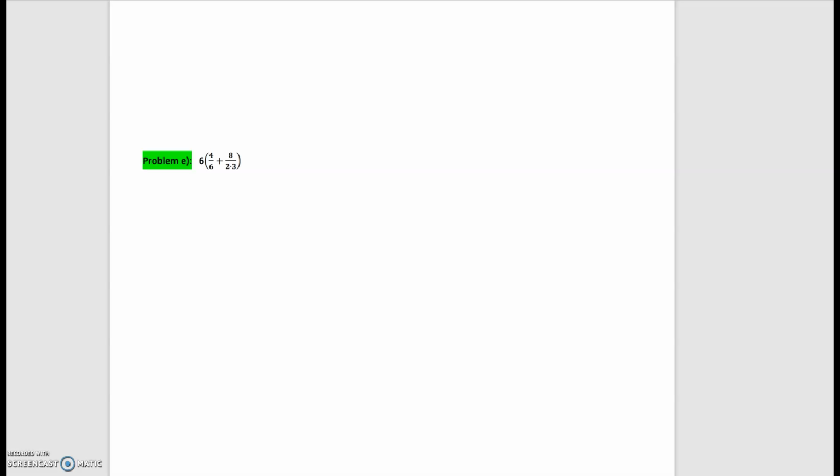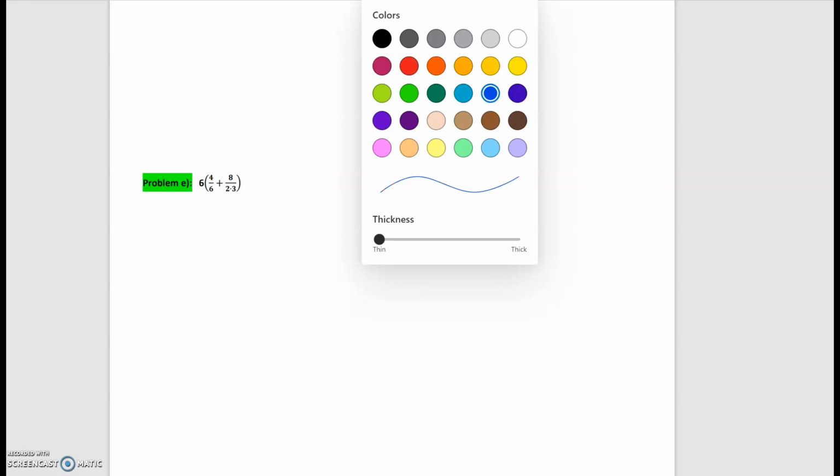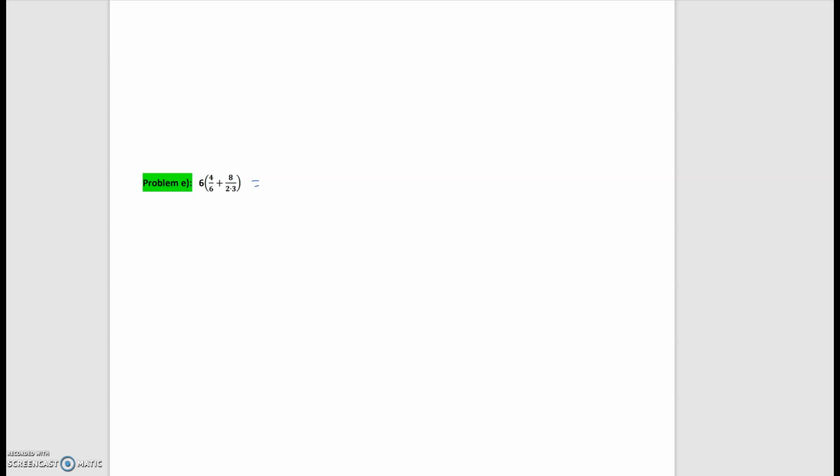Now, on the next one, here's what we could do. Let me use the distributive property, but before we use that, let me just rewrite it as 6 times, and I'm going to multiply those two values. So we have still the 4/6, plus technically 8/3 times 2 is going to be 8/6.